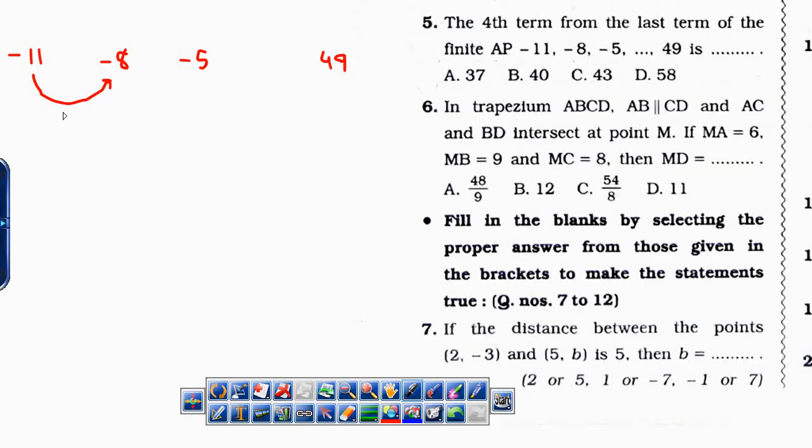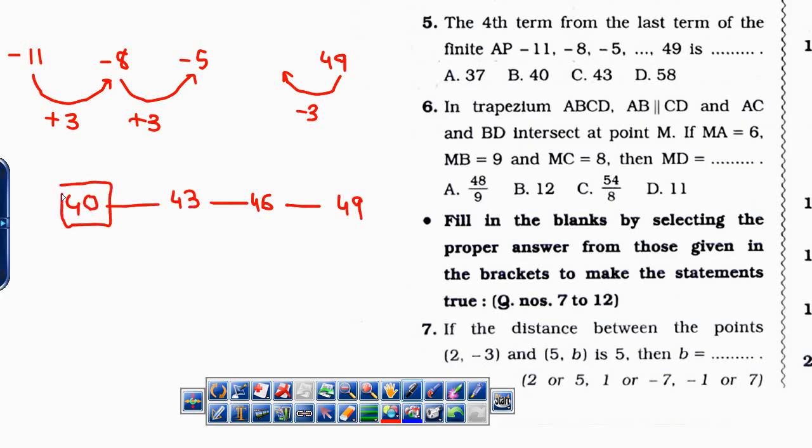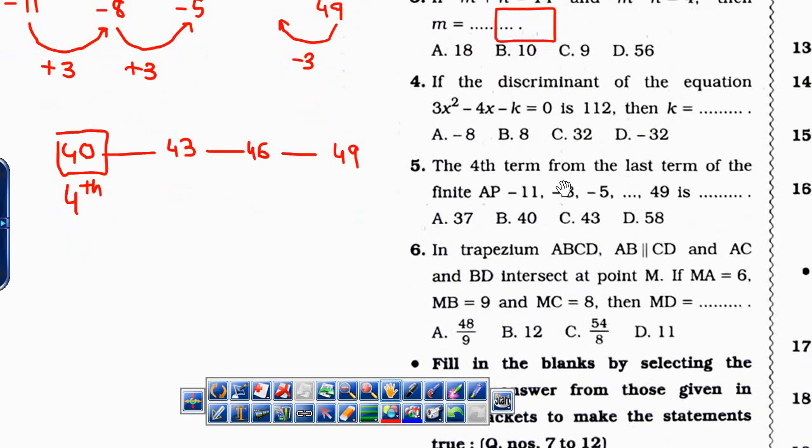From -11 to -8 is +3, from -8 to -5 is +3. So coming backward from 49 it is -3. So 49 minus 3, 46. 46 minus 3, 43. 43 minus 3, 40 is the fourth term from the end. We got the answer manually. With the method it will be much longer. We will see that when that sum comes.